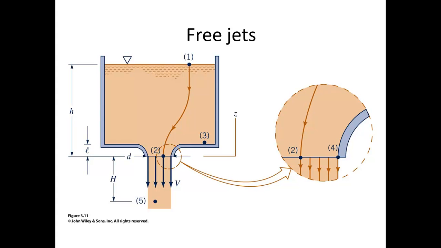For the free jet example, we're dealing with the simplest case, and at point 1, the idea is that the area is very large compared to the area down at 2, so that you're going to ignore the fact that point 1 really is slowly coming down. We're just going to let that be so big that, in other words, the area encompassed by that free surface at 1, we can say essentially the drainage rate is negligible.